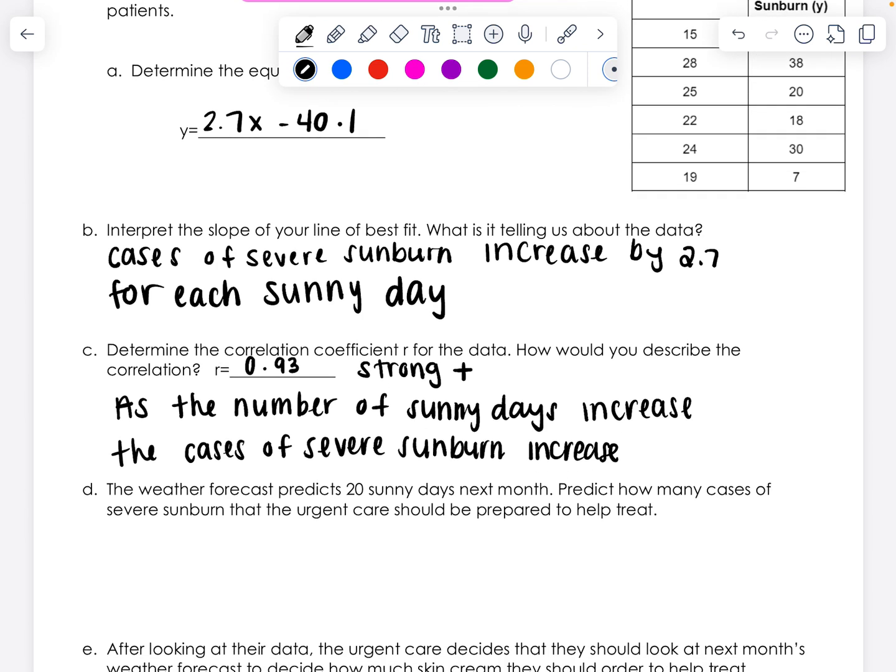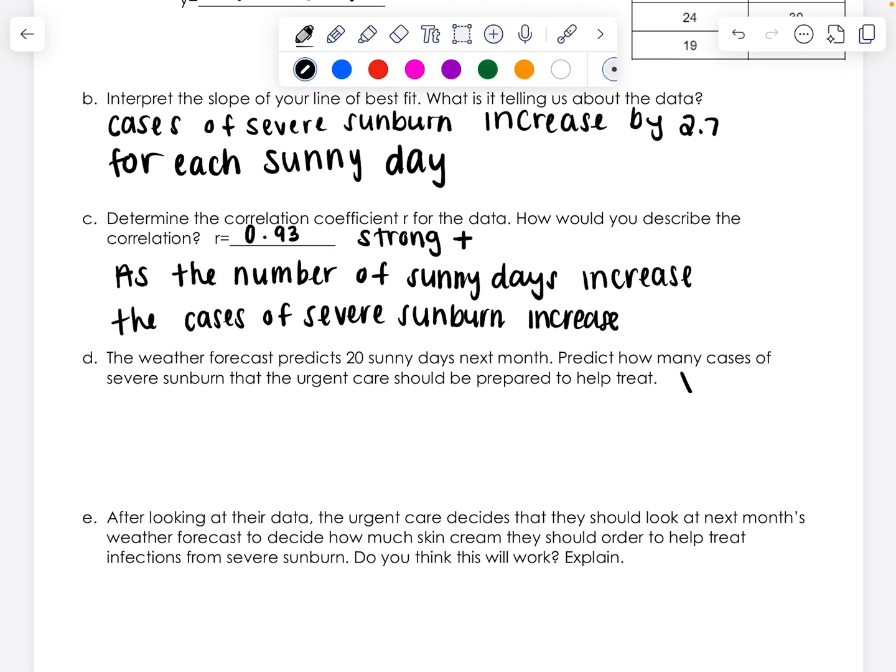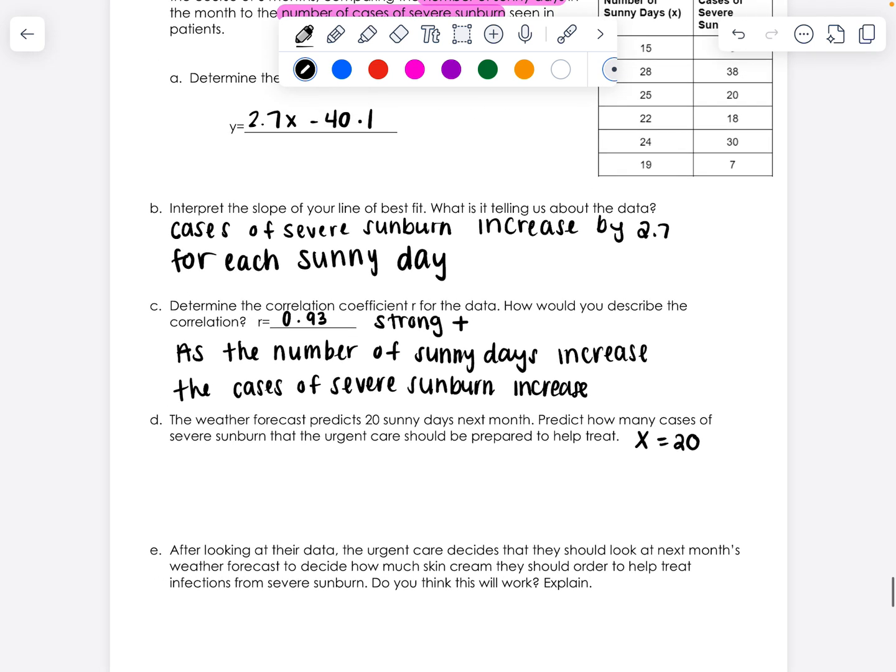All right, letter D says, the weather forecast predicts 20 sunny days next month. Predict how many cases of severe sunburn that the urgent care should be prepared to help treat. So remember, sunny days is X, which means we're plugging in X equal to 20 in our equation of line of best fit.